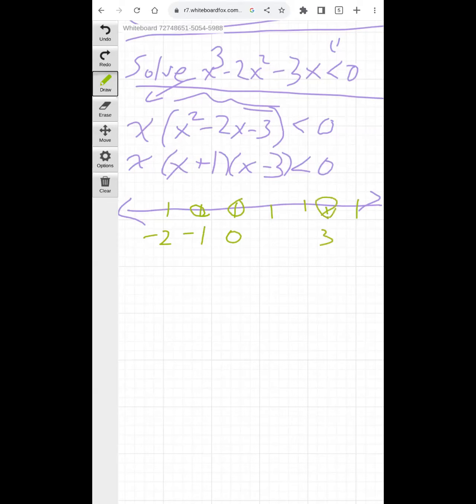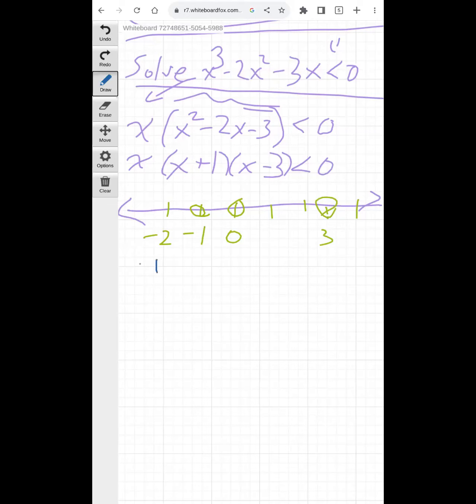Now we're going to make test points over each interval and find whether the value of the inequality over that interval is less than or greater than 0. So we need to set up a series of test points.